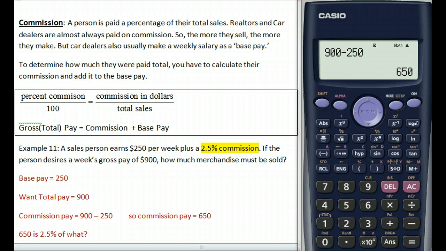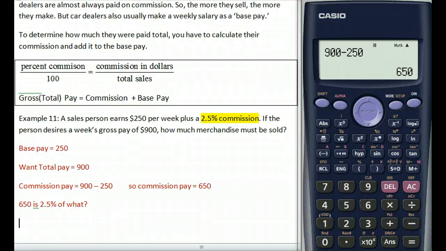Of the whole. I don't know what the total sales were. I need to figure out how much I have to sell in order to make $650 in commission. So translating, 650 equals, change the percent to a decimal by moving the decimal point 2 places to the left, and then of is multiply, and I don't know what the question mark is.